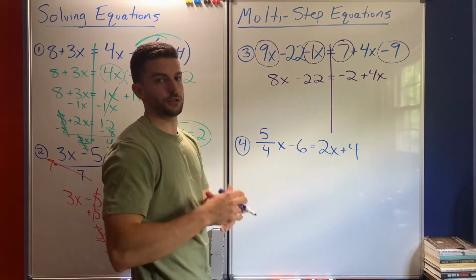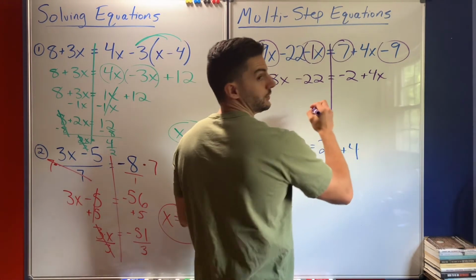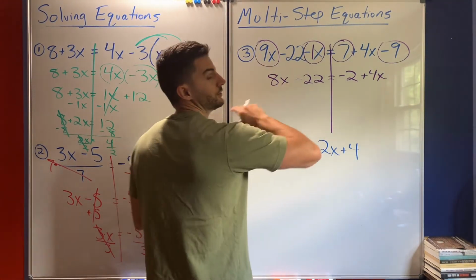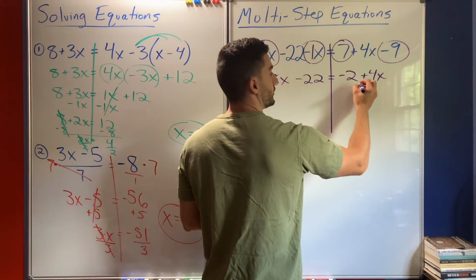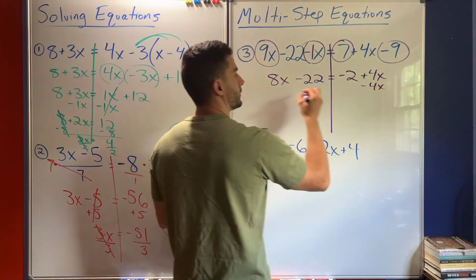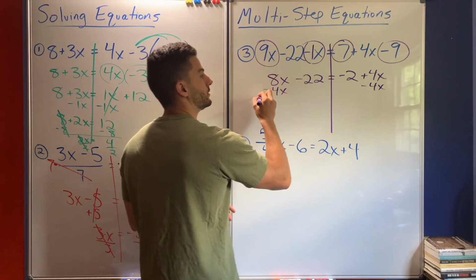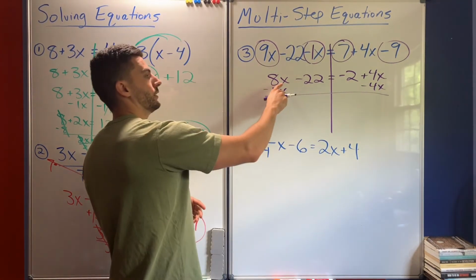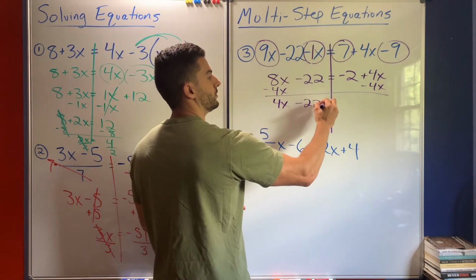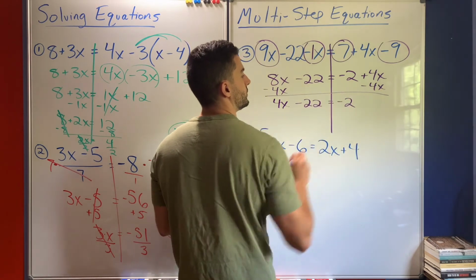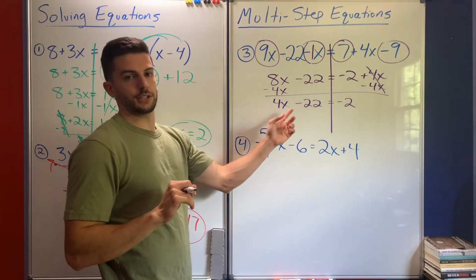Now it is time to start to cancel or use inverse operations. Okay, so again, cancel out the variable term on the right first. That's a good thing to do. Minus 4x, minus 4x. I do that and I get 8x minus 4x is 4x minus 22 equals negative 2. And this canceled. And now I just have the single x.